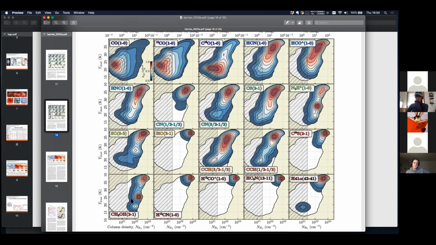So I think it's definitely something that's going to be worked on over the course of a few years with this data set for this one source alone. And then, as I said, the LEGO data set in whole is several sources distributed across the galaxy, where you've got the same set of observations. So a very significant data set and a lot of information to deal with here for this survey.